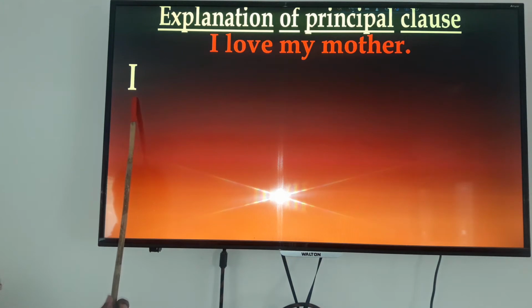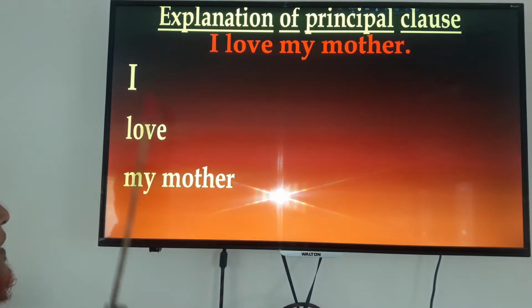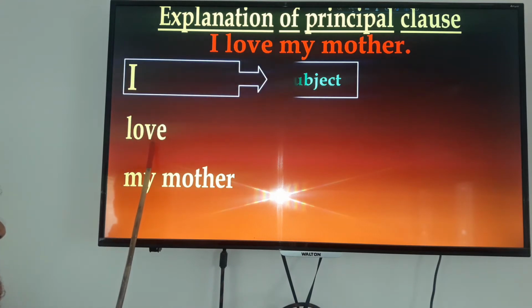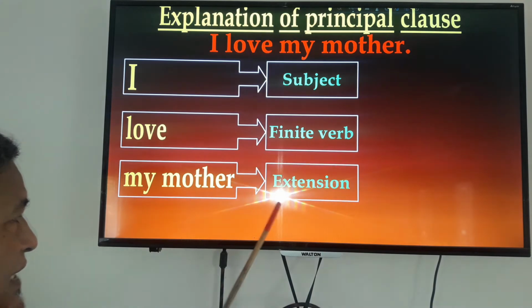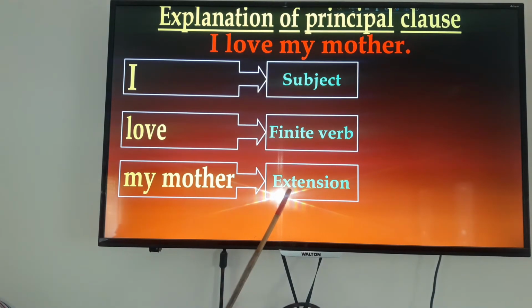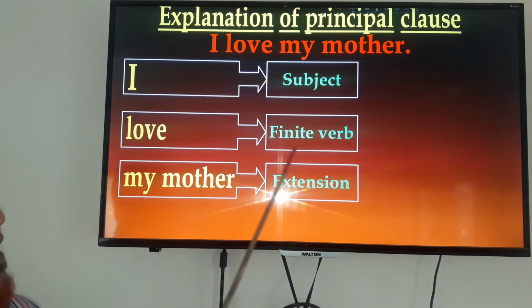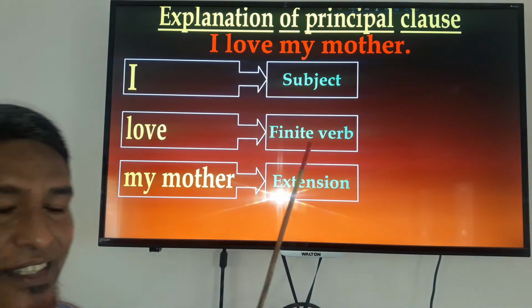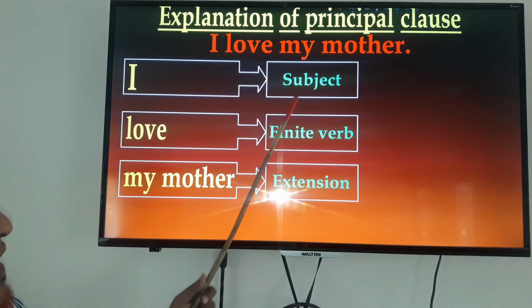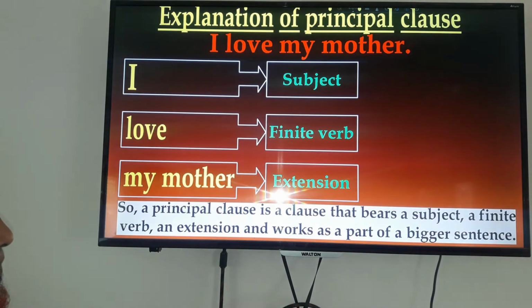It has 3 parts. I love my mother: I is the subject, love is the finite verb, and my mother is the extension. So every clause has a subject and a finite verb. Without this, the sentence cannot be formed. Okay, you will have to follow it very minutely.